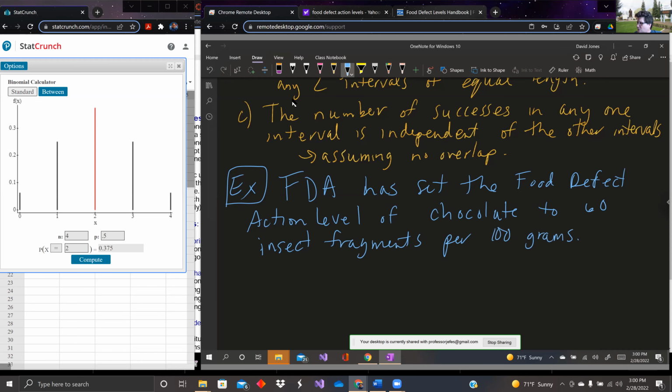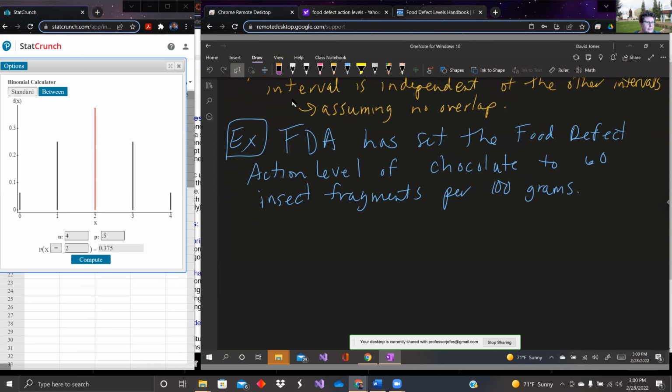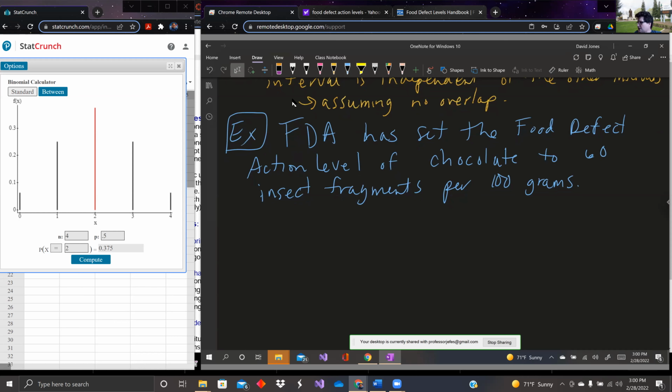And so if I wanted to see what is the rate per gram here, I've got 60 fragments over 100 grams. This is 0.6 fragments per 1 gram.